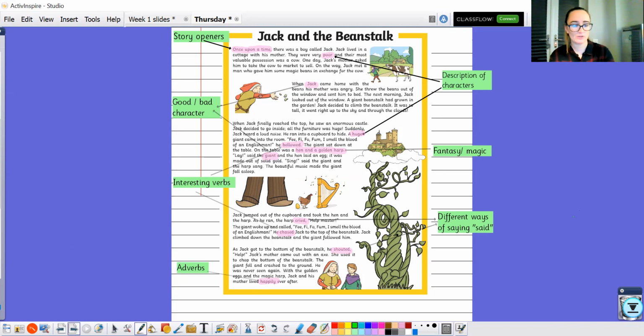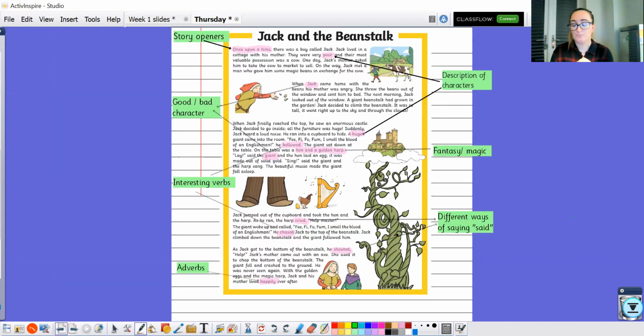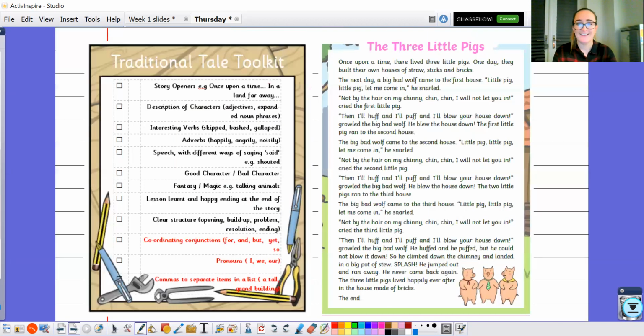So moving on to the next slide. What I would like you to do after I've done that one, I did that one and I found those key bits. I wonder, could you read through the story of the Three Little Pigs? And I've got our traditional tale toolkit there. And I wonder, could you highlight and find those certain things? And you might want to write it down.